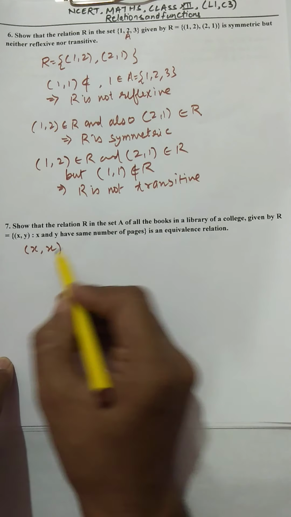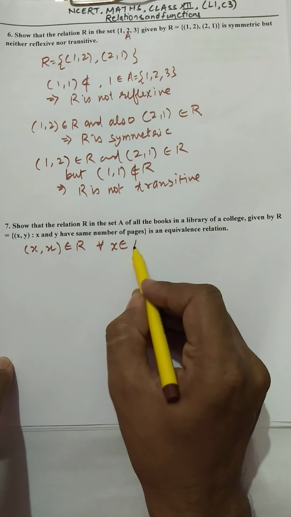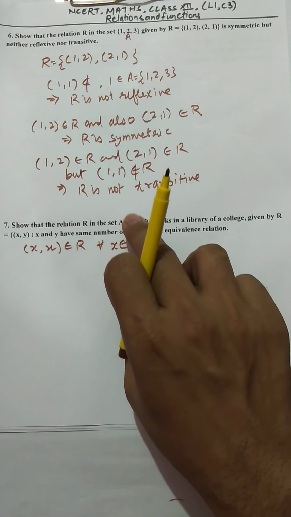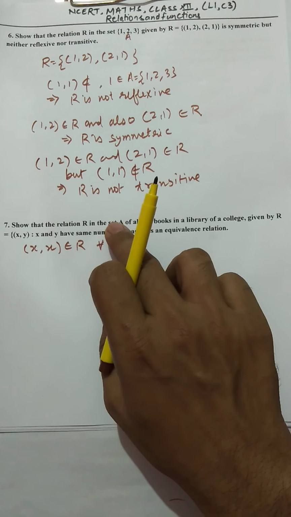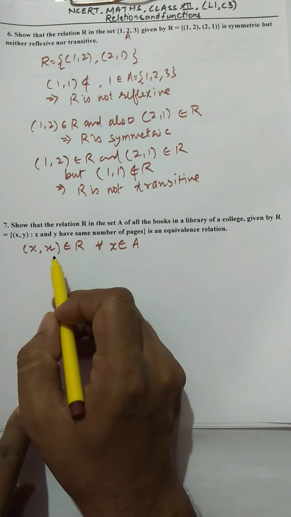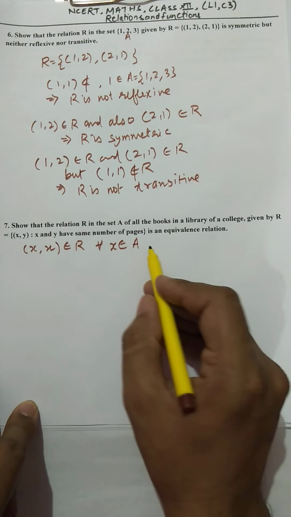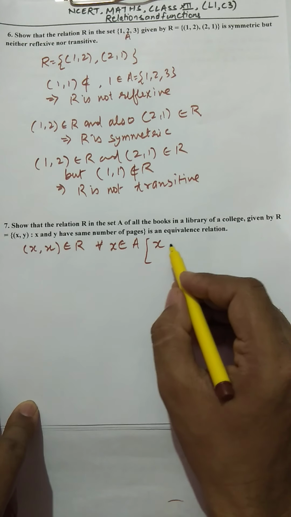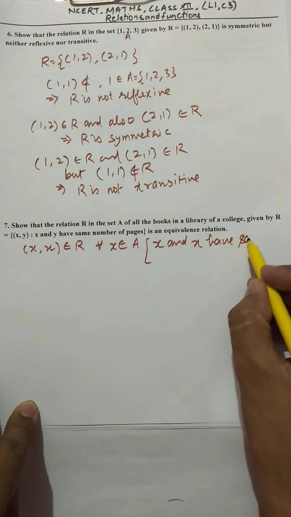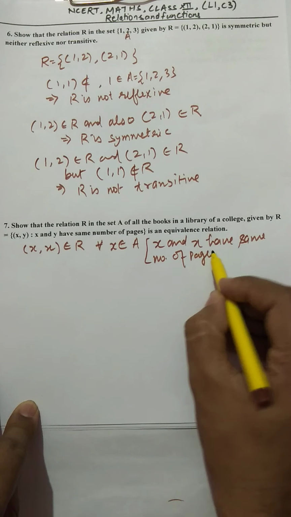(x, x) belongs to R for all x belonging to A. Here you should see that x is a book in the set A, and this is a book of a library, and (x, x) will belong to R if both have the same number of pages. So this is quite obvious that x and x have the same number of pages.